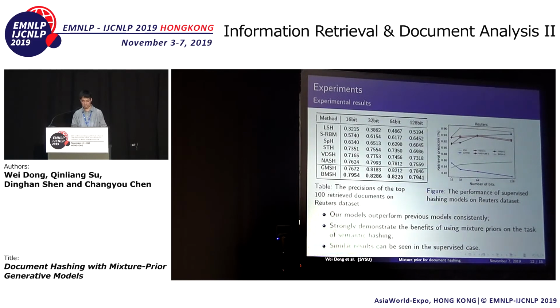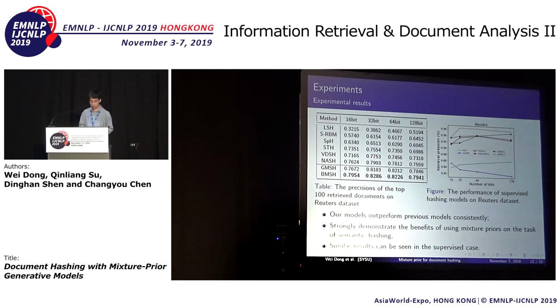As we can see from this table, our GMSH outperformed previous models consistently, which strongly demonstrates the benefit of using a mixture prior on the task of semantic hashing.